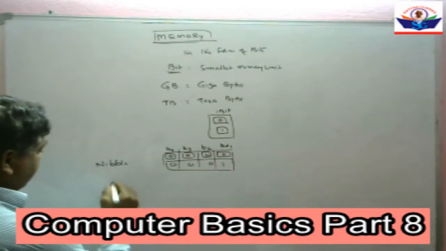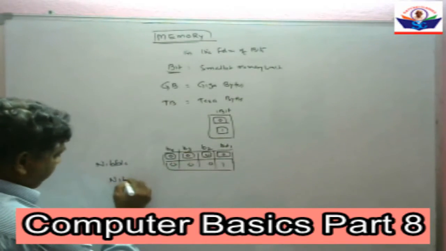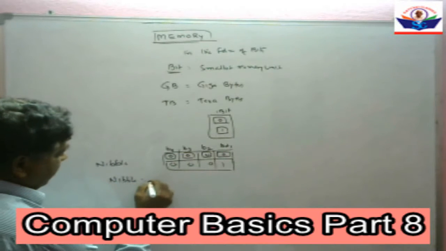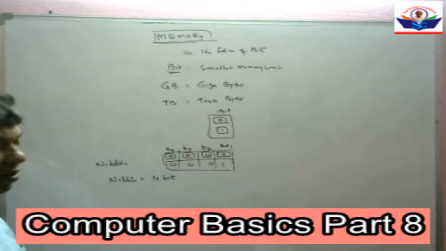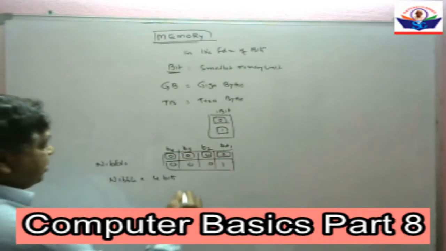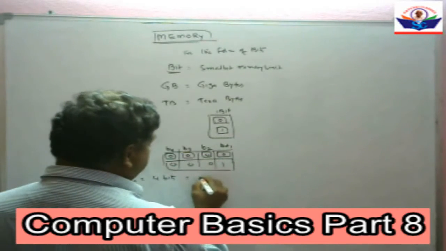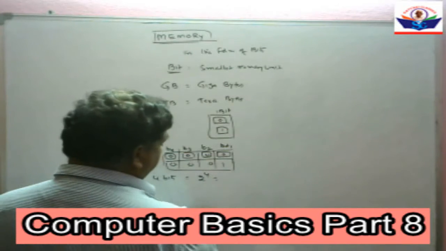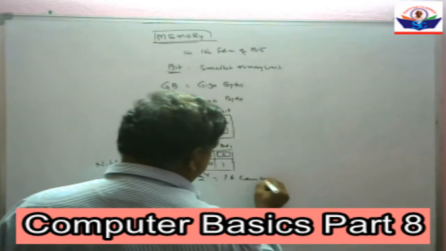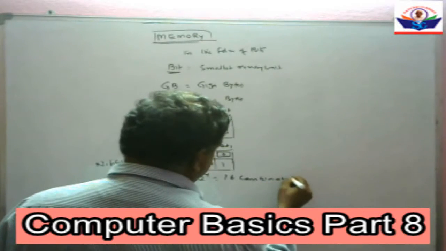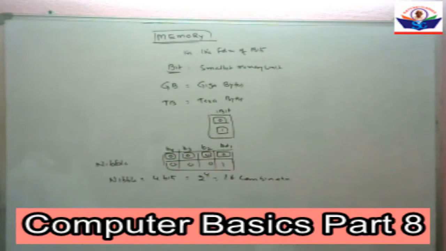What is a nibble? It is 4 bits. With 4 bits, how many possible combinations are there? 2 to the power 4, total 16 combinations.